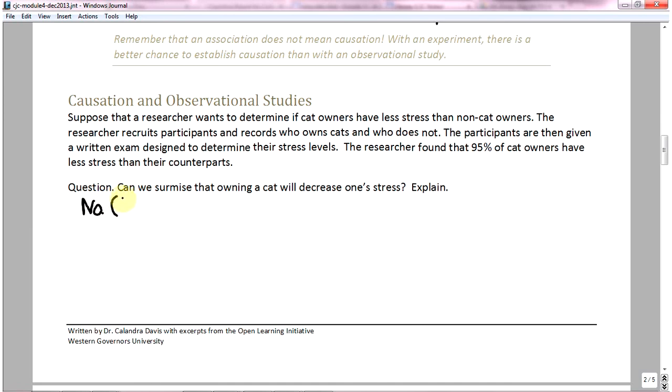And so the reason that it's no is because there are lurking variables that are possible that could affect the result.